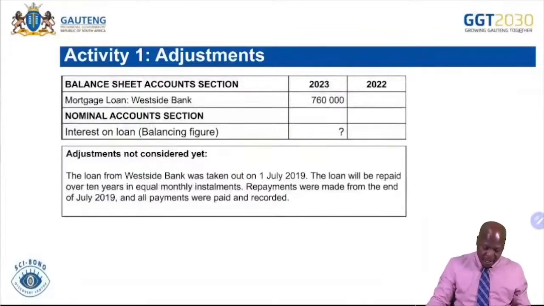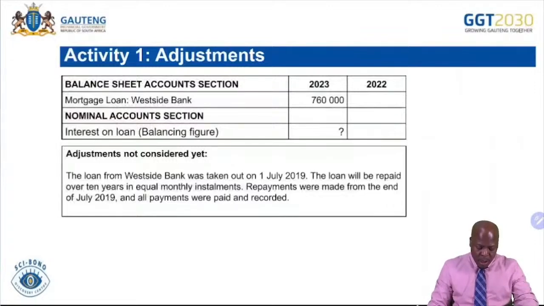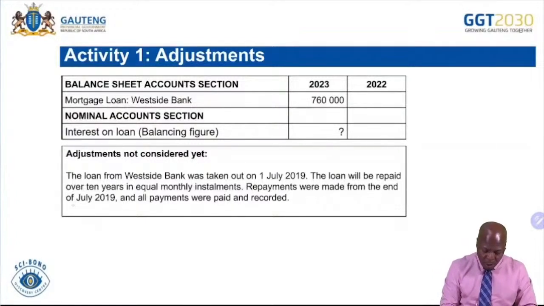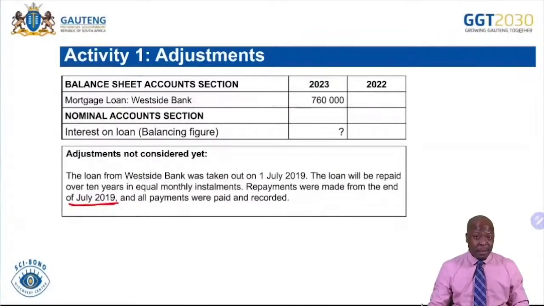The next adjustment reads, the loan from Westside Bank was taken out on the 1st of July 2019. The loan will be repaid over 10 years in equal monthly installments. The repayments were made from the end of July 2019. Very important here. Once they bring this, they're trying to tell you that we've been paying from the day we received the loan.